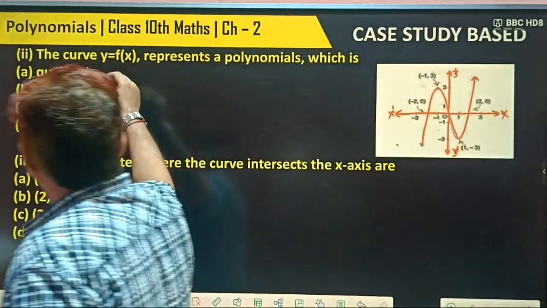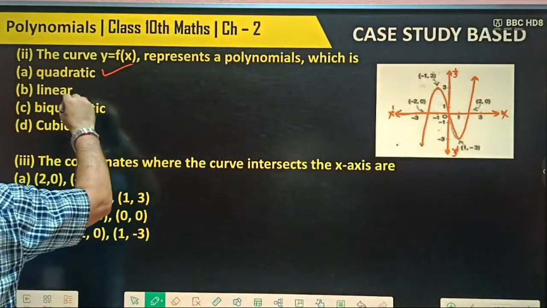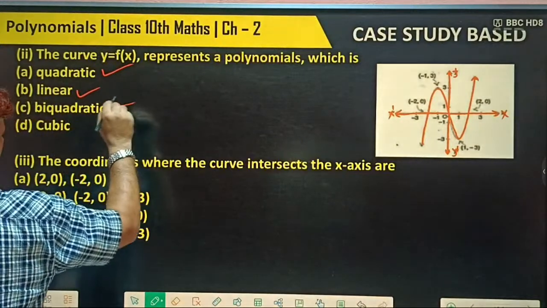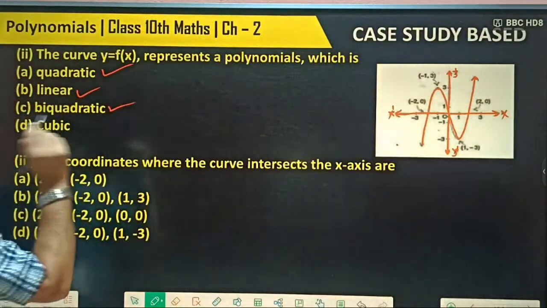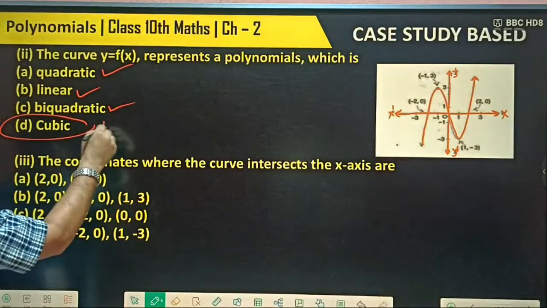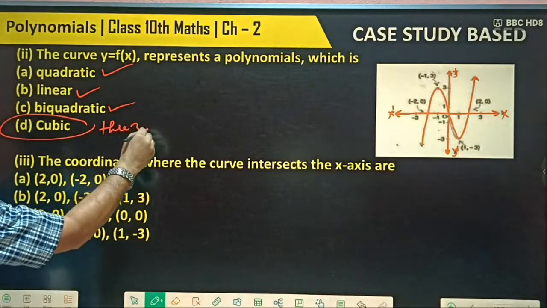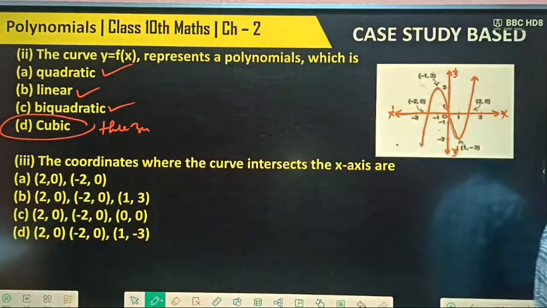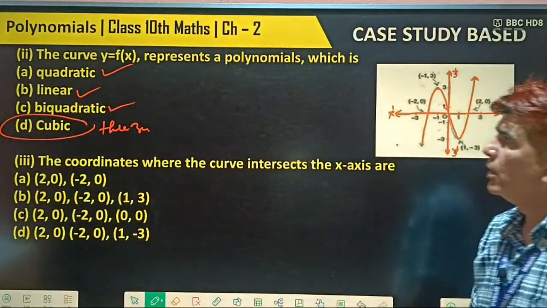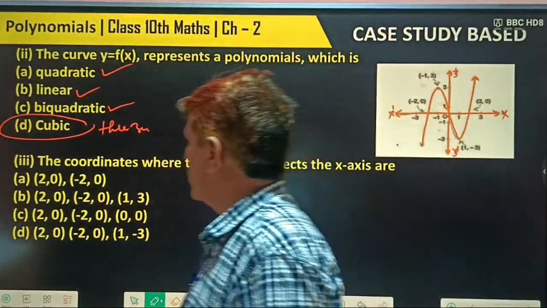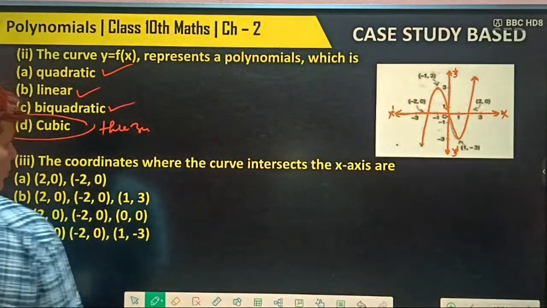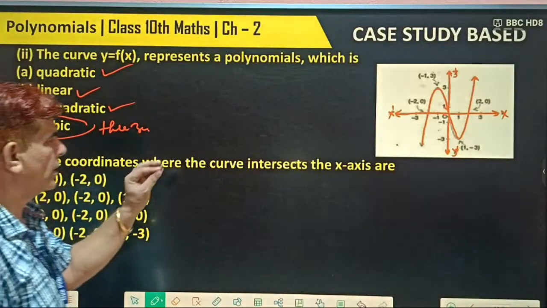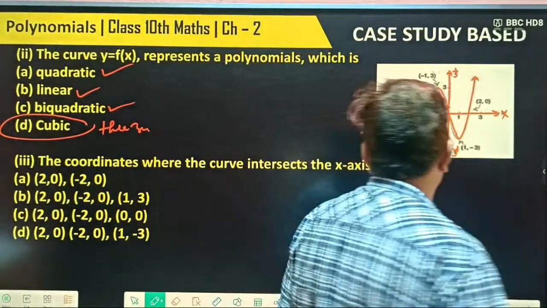Quadratic means 2 zeros at most. Linear means 1 zero at most. Biquadratic means 4 zeros at most. And cubic, 3 zeros. So how many zeros? 1, 2, 3. So this is a cubic polynomial. What type of polynomial is this? Cubic polynomial.